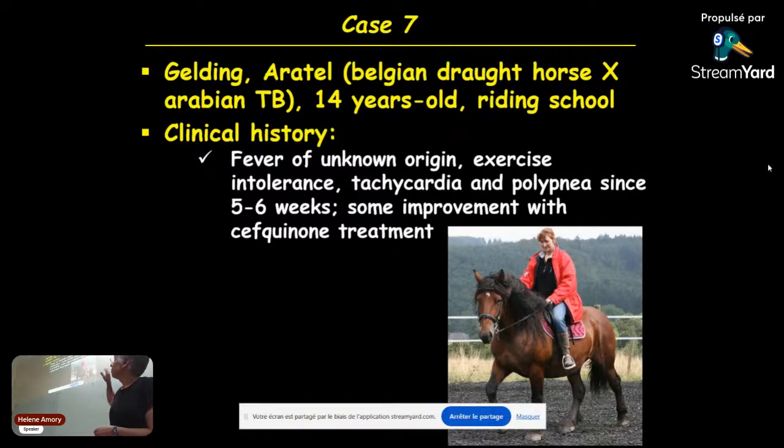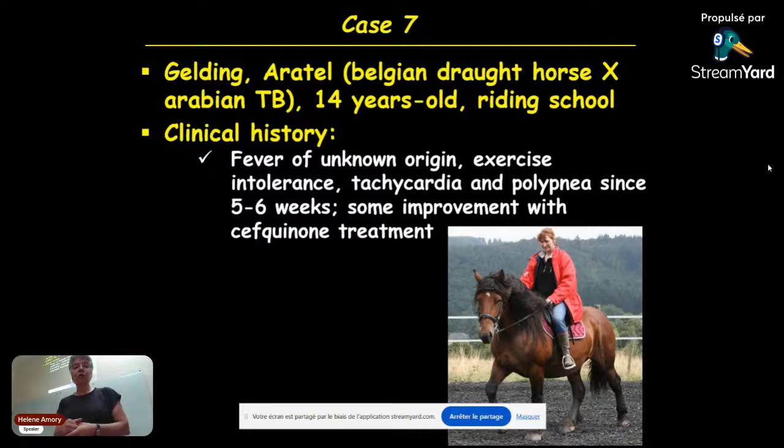Yes, it's a gelding. It's a Belgian breed, a crossing between a draft horse and a saddle horse. They cross them with Arabian thoroughbreds, and the name of the breed is Aratel. There are not a lot of horses like this in Belgium, but they are very calm, very kind horses. This horse was used in a riding school.